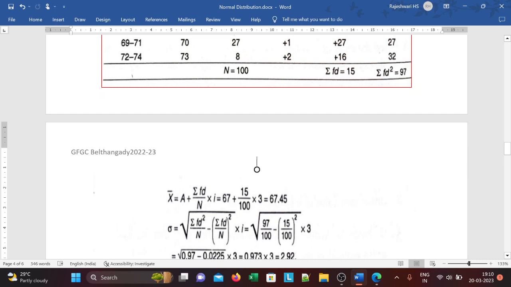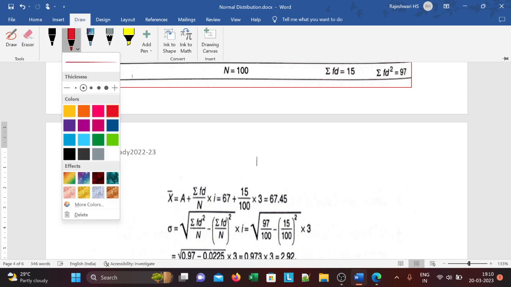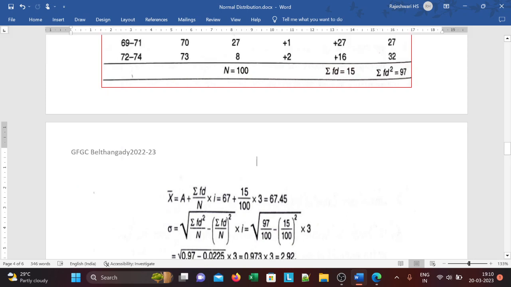N is the total of f, 100, into class interval 3. So x bar is 67.45.